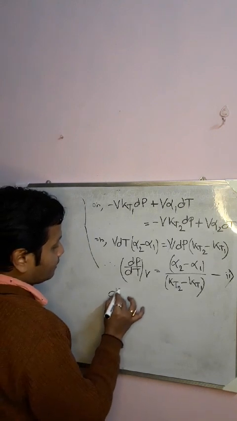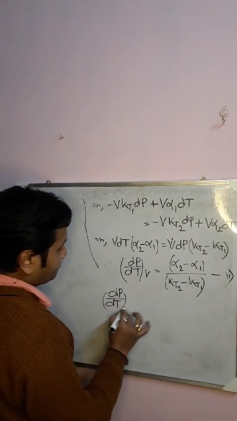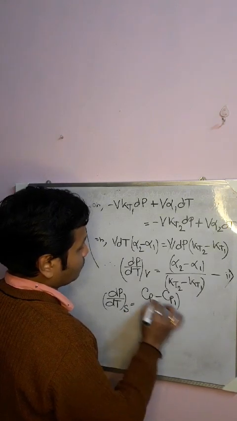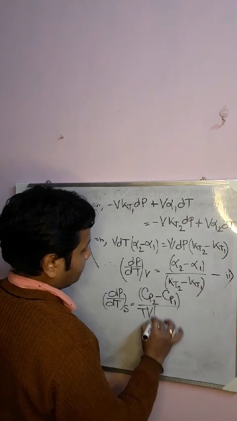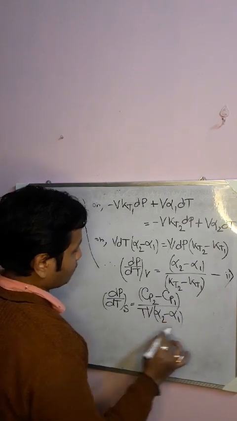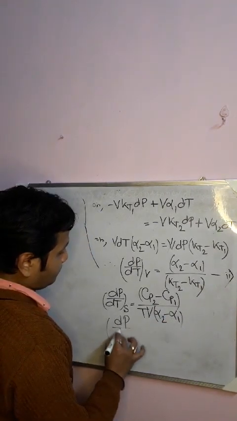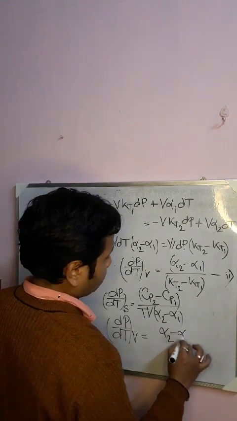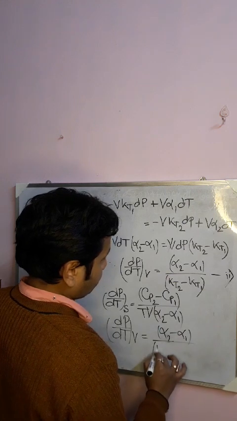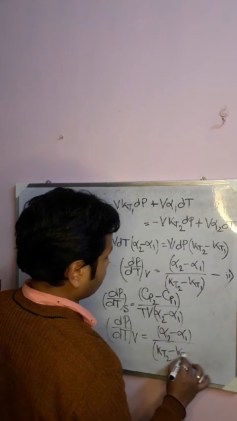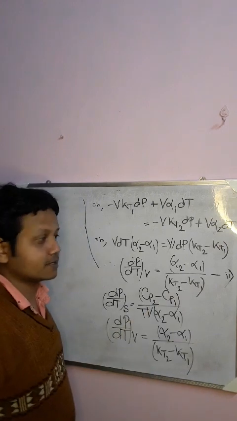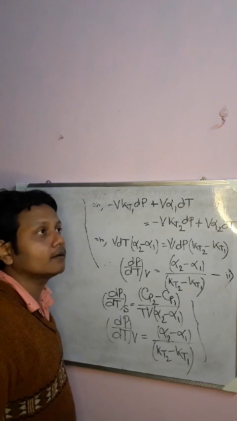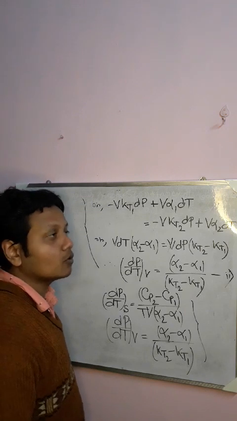Again I write it: dP/dT at constant S, this you can write as Cp2 minus Cp1 by T V (alpha 2 minus alpha 1), and this is dP/dT at constant volume, equal to (alpha 2 minus alpha 1) by (Kt2 minus Kt1), where Cp represents the specific heat, alpha the volume expansivity, and Kt the isothermal compressibility factor.